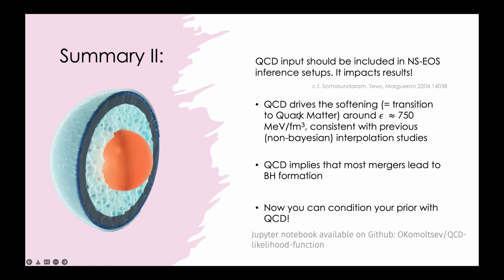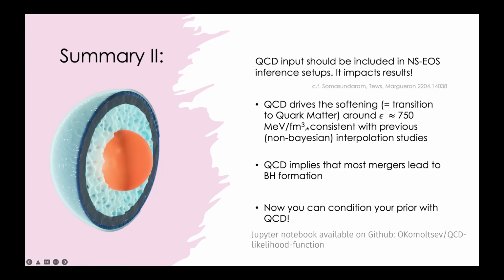It is the QCD that drives the softening, which I interpreted as a transition to quark matter around 750 MeV over Fermi cube density. That's roughly the density where quark-gluon plasma is also created in heavy ion conditions.